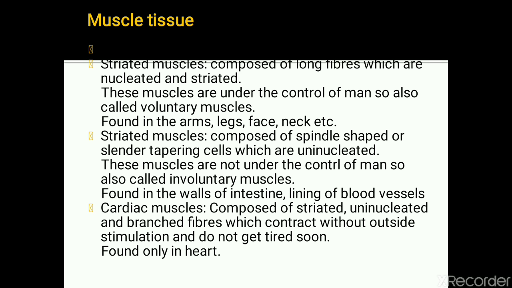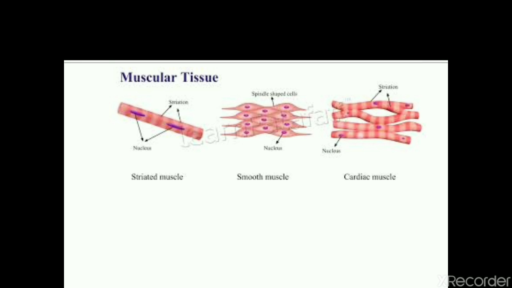These muscles are striated, uninucleated, and branched, and they continuously contract and relax. This is the diagram of the muscular tissue.